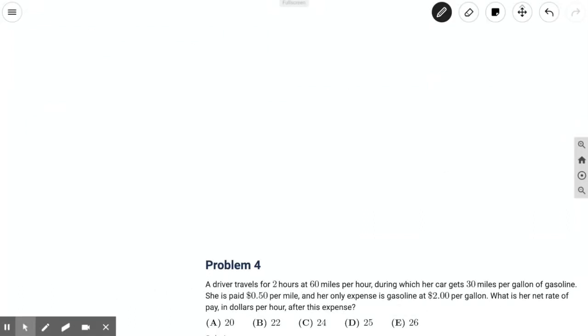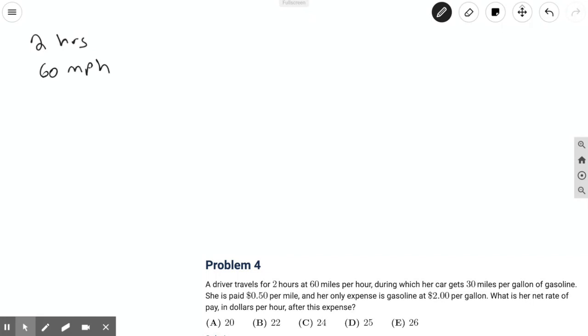Now moving on to problem number 4, which states, a driver travels for 2 hours at 60 miles per hour, during which her car gets 30 miles per gallon of gasoline. She's paid 50 cents per mile, and her only expense is gasoline at $2 per gallon. What is her net rate of pay? So what we have is that she travels for 2 hours at 60 miles per hour.